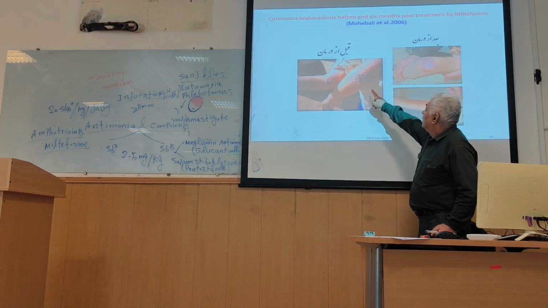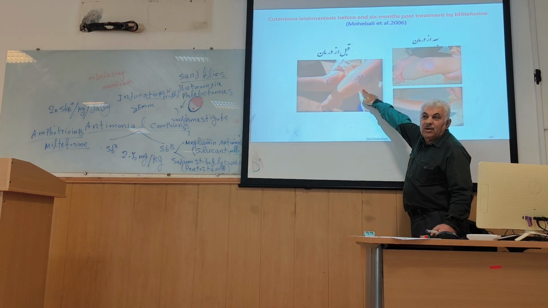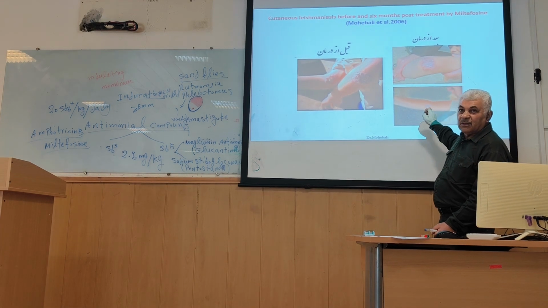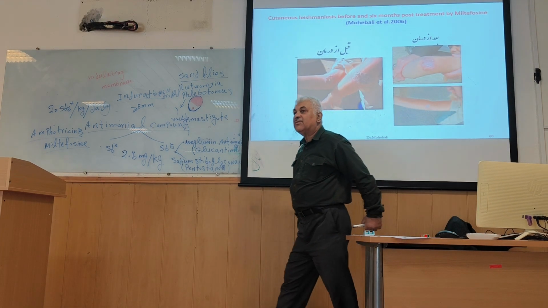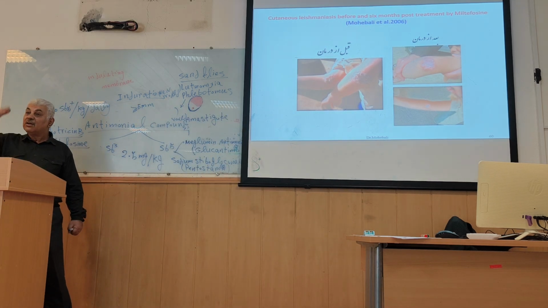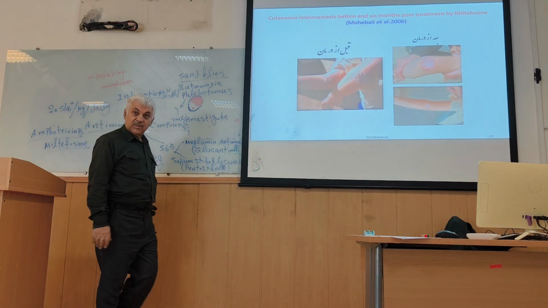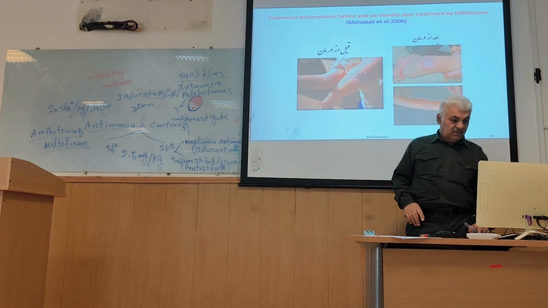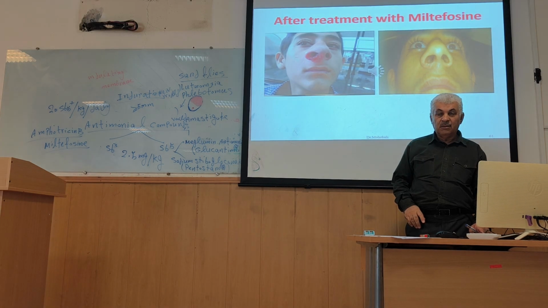And you see before treatment by miltefosine, after treatment of miltefosine. And we can use miltefosine for the treatment of complicated visceral leishmaniasis in children with high responses. It needs 4 weeks of treatment.